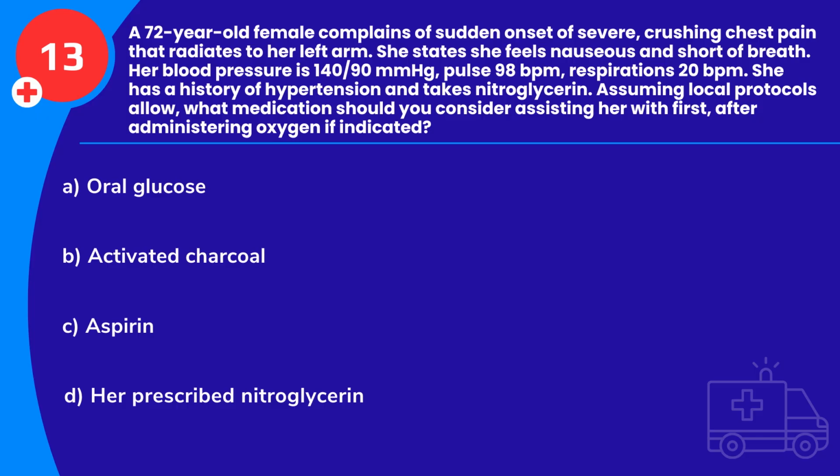She has a history of hypertension and takes nitroglycerin. Assuming local protocols allow, what medication should you consider assisting her with first, after administering oxygen if indicated? A. Oral glucose. B. Activated charcoal. C. Aspirin. D. Her prescribed nitroglycerin.